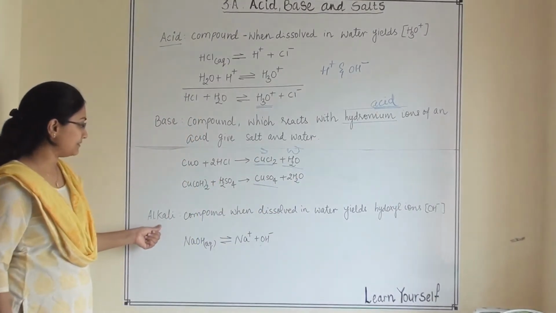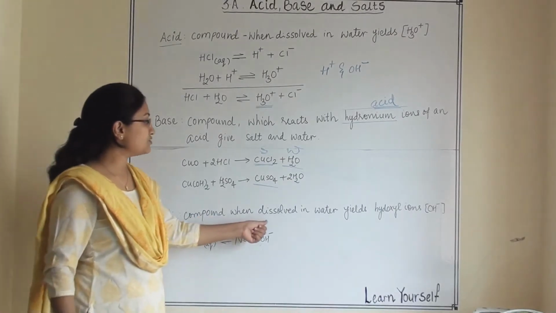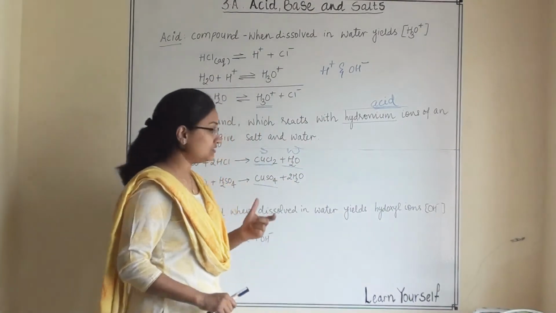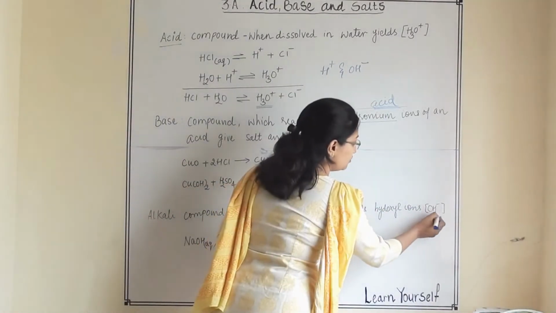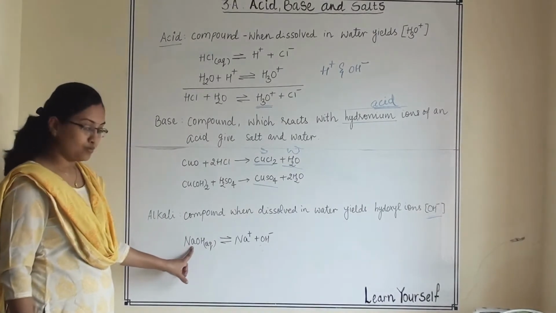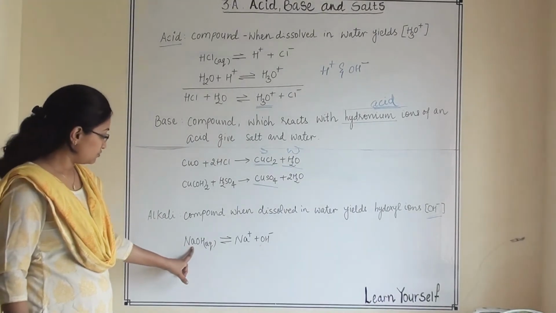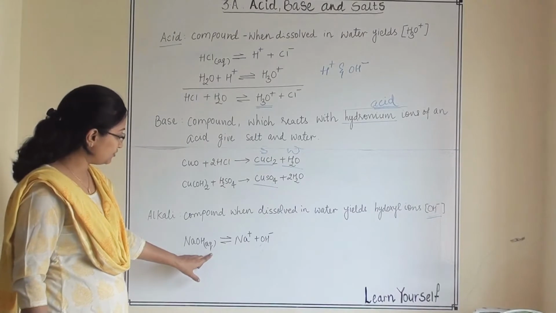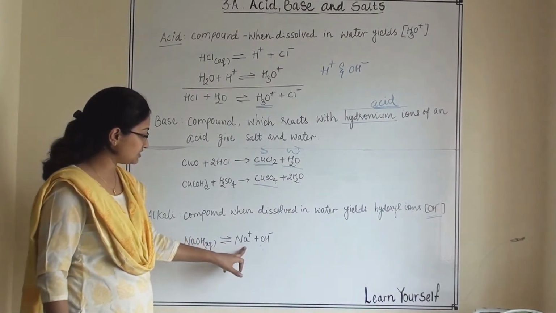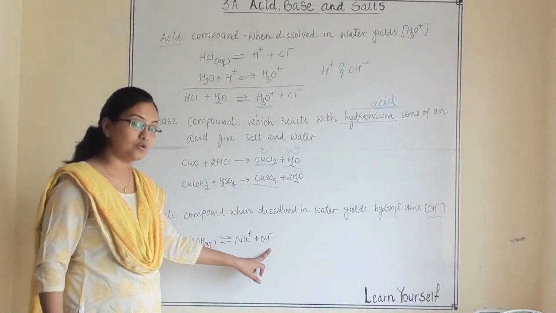Then an alkali. A compound when dissolved in water yields hydroxyl ion. What is the meaning of hydroxyl ion? It is OH minus ion, hydroxyl ion. So NaOH, it's an alkali. Sodium hydroxide, it is in aqueous phase. When we are dissolving it, it gives us Na plus and OH minus.